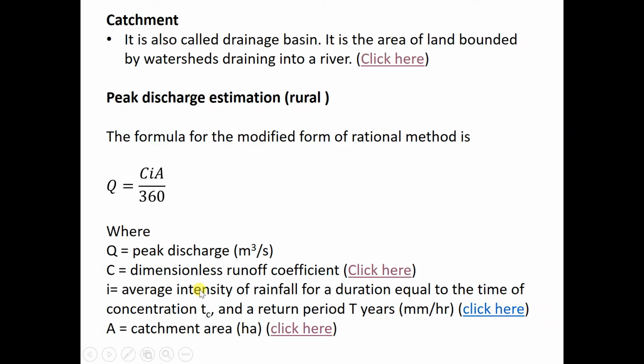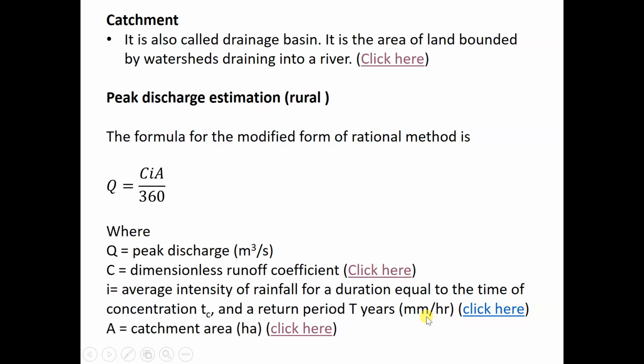I is the average intensity of rainfall for a duration equal to the time of concentration, Tc. The unit is millimeter per hour. Okay, so for every part of New Zealand we have a rainfall station.